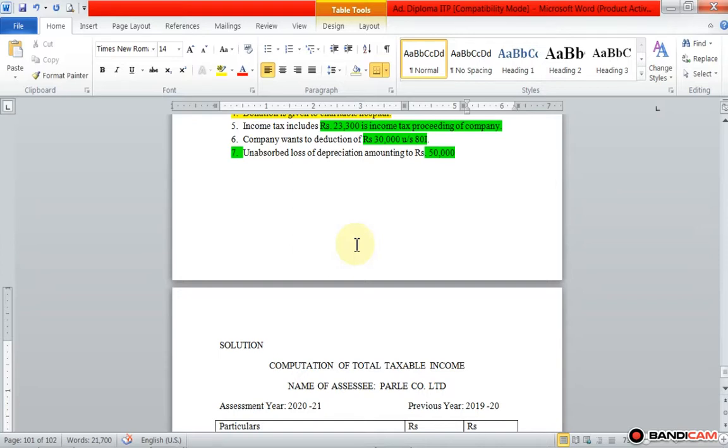ITR 1 is applicable to whom, ITR 2 is applicable to whom, and ITR 3 is applicable to whom. We study the ITRs in our next lecture, or we start unit number 4, that is taxation of charitable institution or charitable trust. So here we complete unit number 3 in paper 2, that is computation of taxable income of companies.